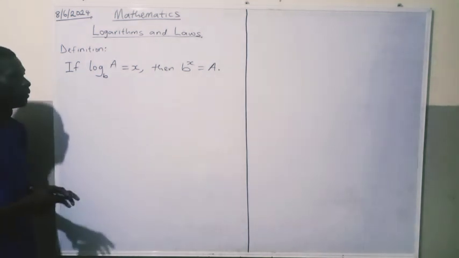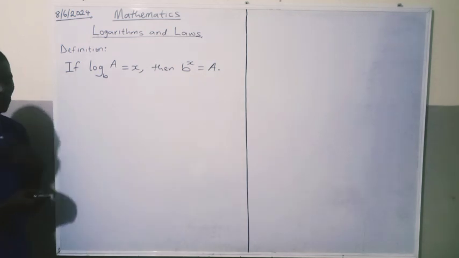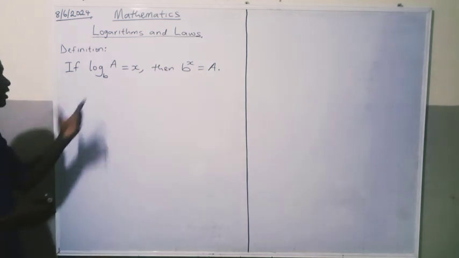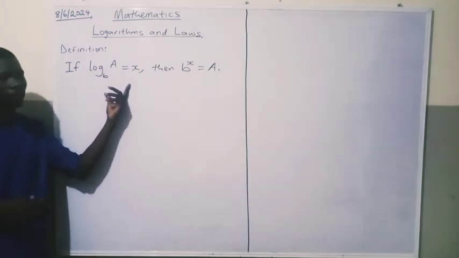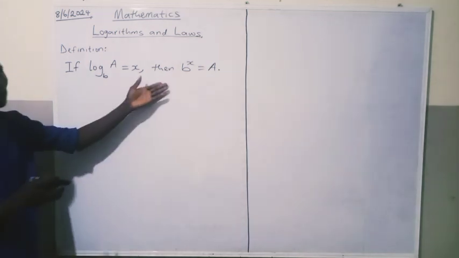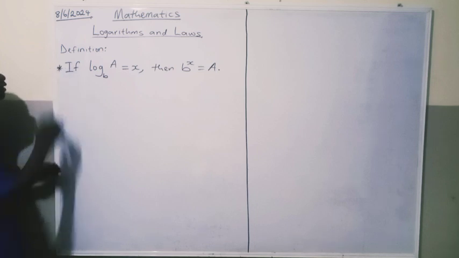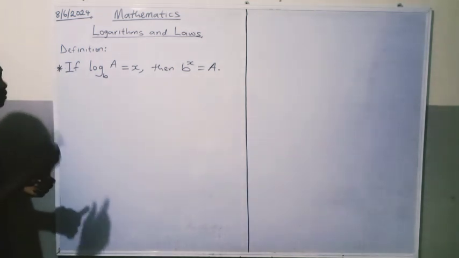That's the definition of logarithm. Of course, they call this the definition of logarithm, but I like to call it my own first law of logarithm because it is a very important concept, and most of the logarithm questions can be solved using this particular law. So it is called the definition of logarithm, but I call it the first law of logarithm. That's my number 1 law.